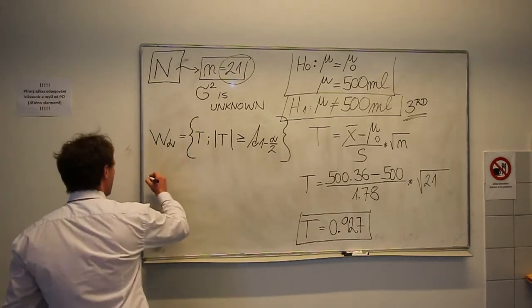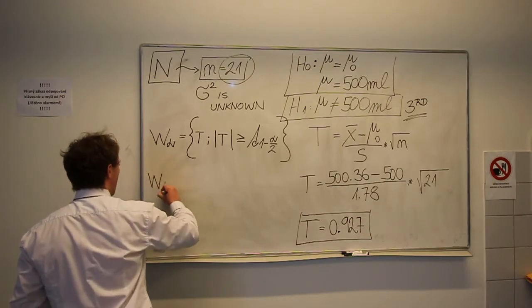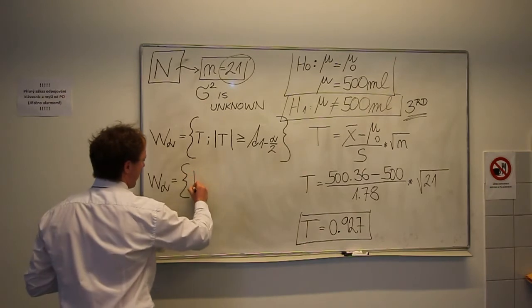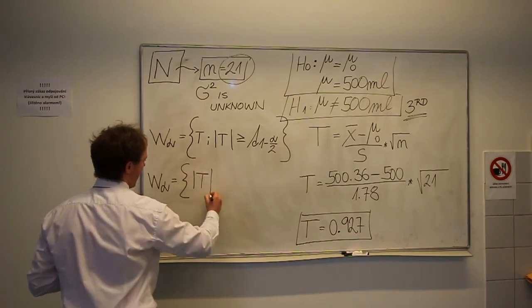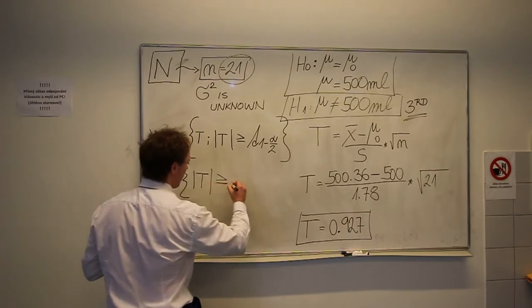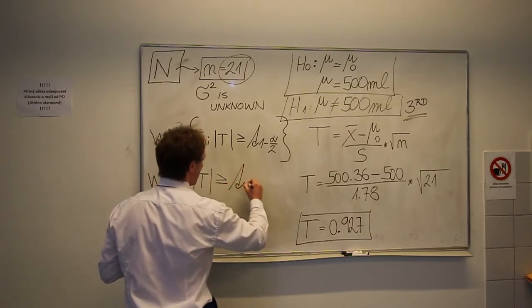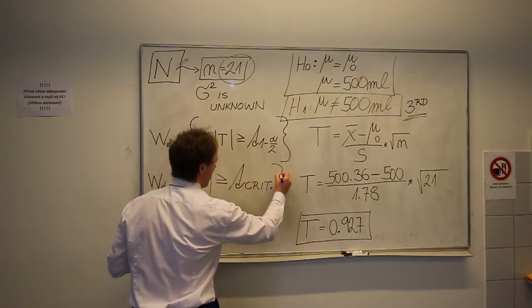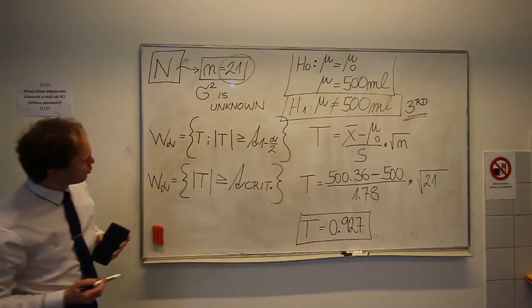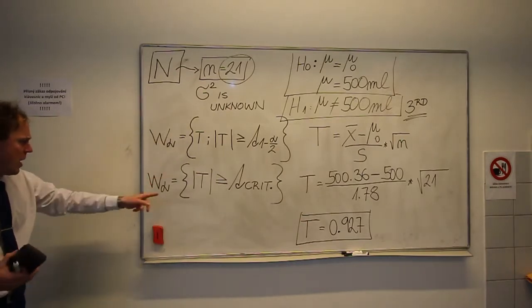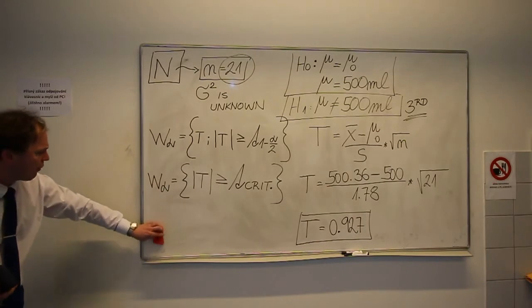W alpha is equal to, if the absolute value of your t-test is higher or equal to the critical value t critical from the tables, we entered the rejection region and the null hypothesis is rejected at a significance level alpha.